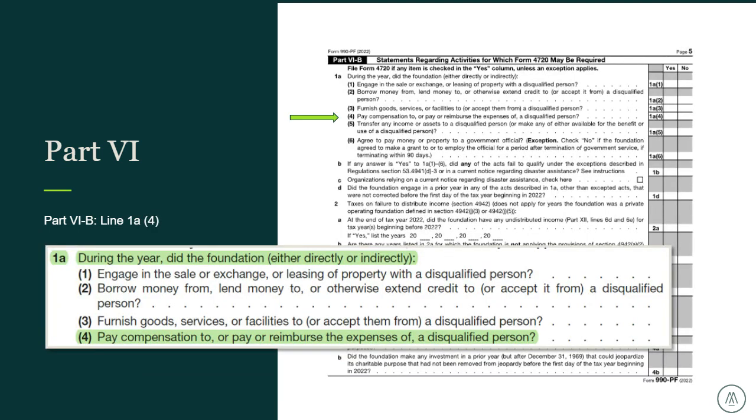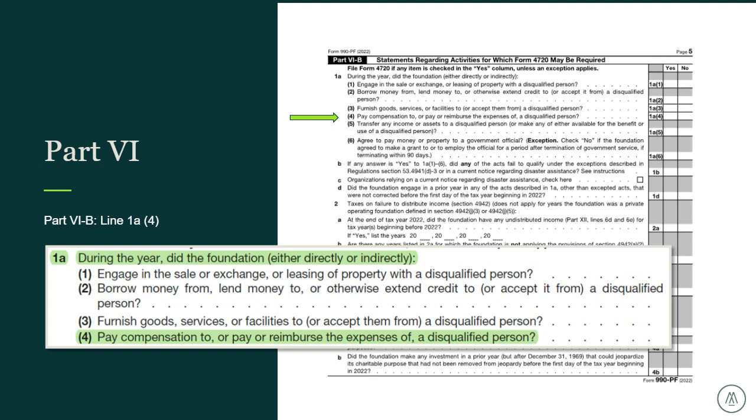All right, let's talk about this part, and these are really statements regarding when activities might trigger a Form 4720 filing requirement. The Form 4720 is really an excise tax form that deals with different types of activities that an organization might make themselves or their disqualified persons or managers subject to this excise tax.